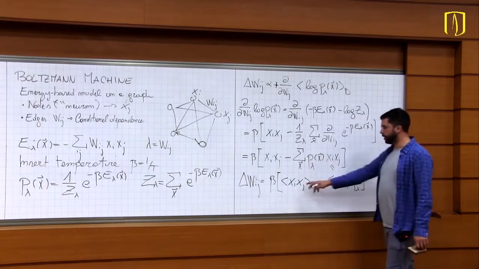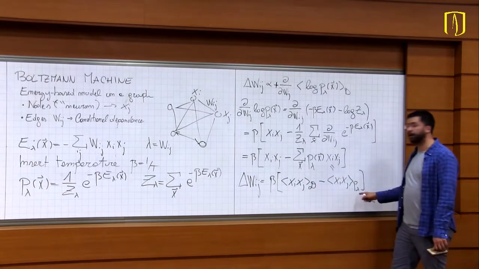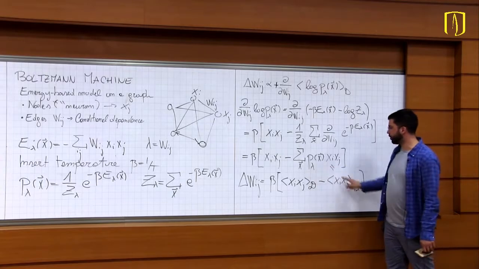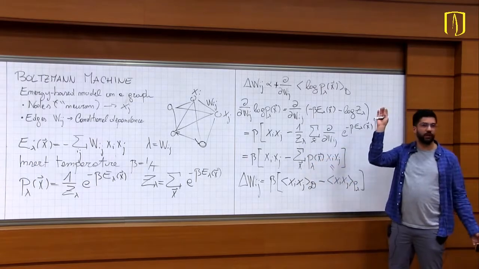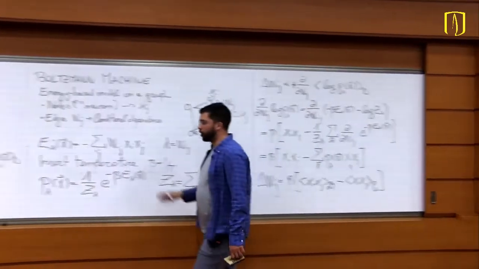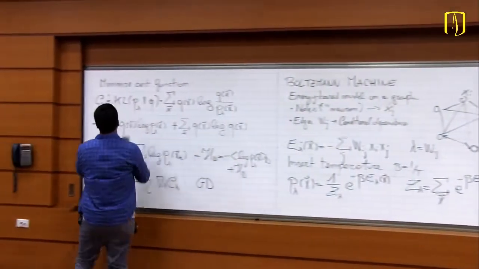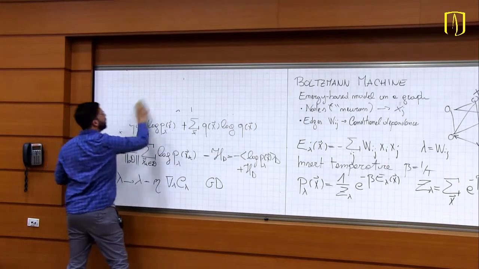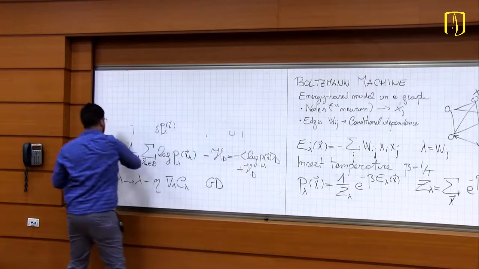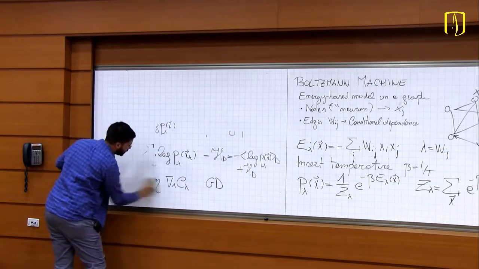So the point is, this is easy to compute. This is hard because this term here contains the partition function. The sum runs over 2 to the n, and those terms actually have two different names. It's called the positive and negative phase of the learning. The positive phase is trivial.